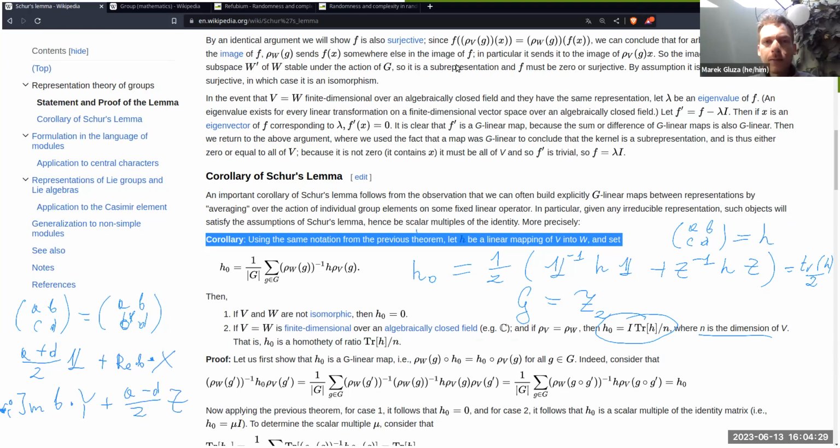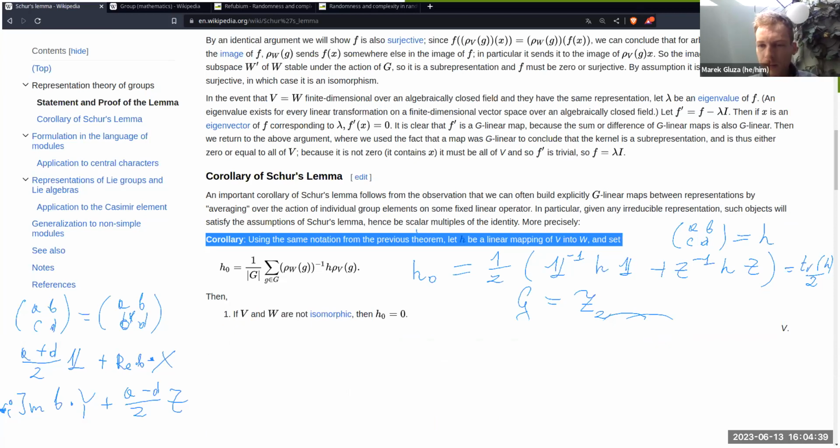And I'm doing this to show you what's happening in this construction of Schur's lemma. And what we will go back to is this proof here. Okay, but first I want to show you an explicit example of what happens.